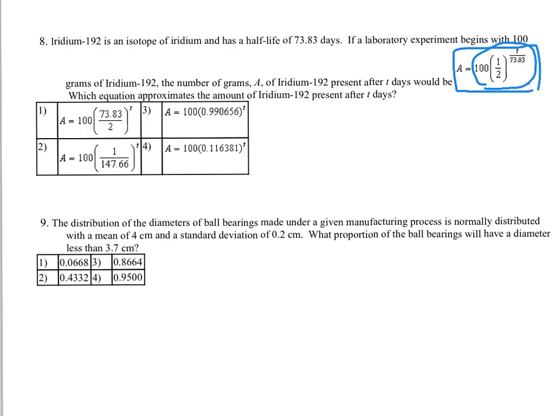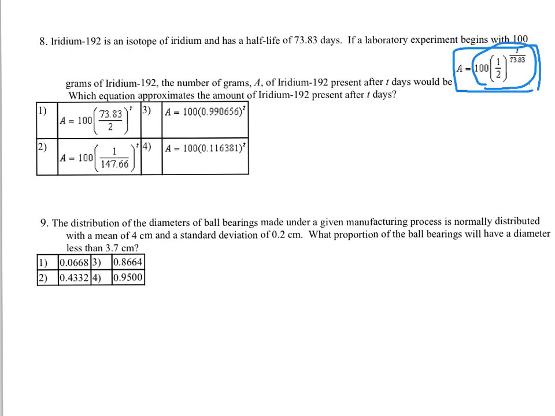Then you're just going to type in the right side of your equation, exactly as you see it. So 100, open a set of parentheses, alpha y equals, put in the 1/2, close the parentheses, hit the to the button, then do alpha y equals again, and put x over 73.83.